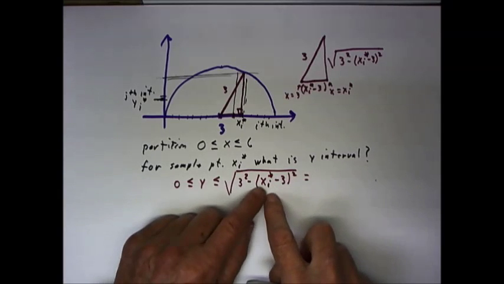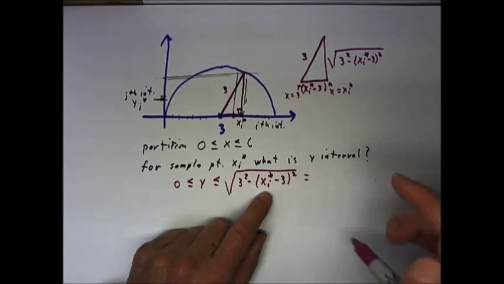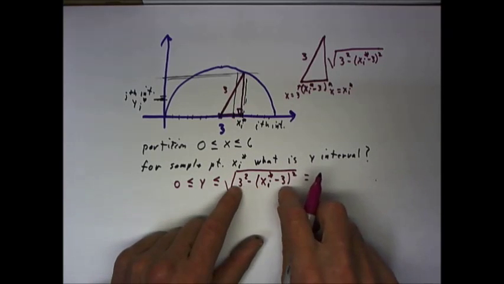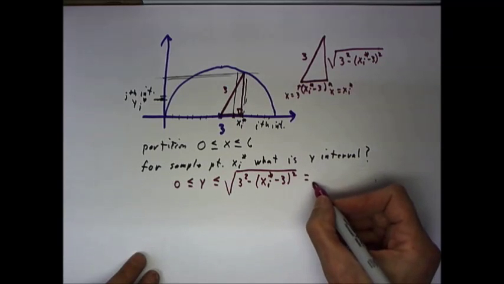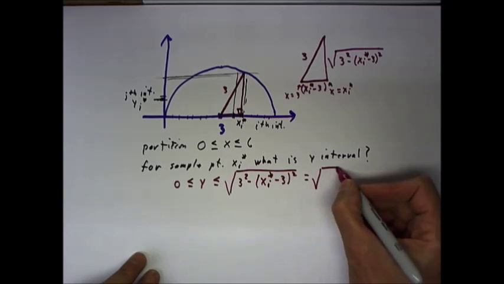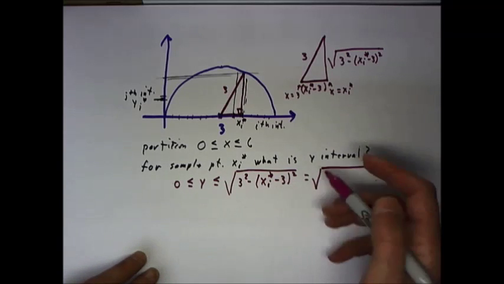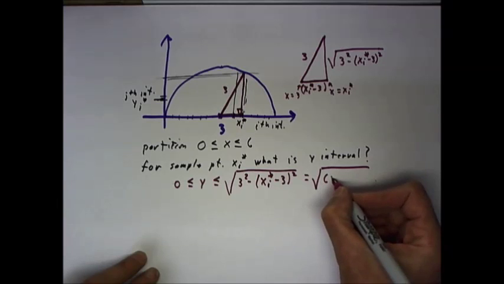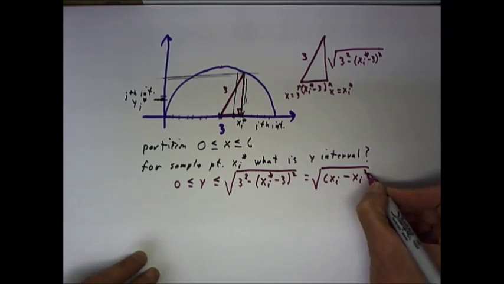That's going to be xi squared minus 6xi plus 9. We're going to be subtracting it so that the 3 here and the 3 here will subtract off, and this is going to be then the square root of 6xi minus xi squared.